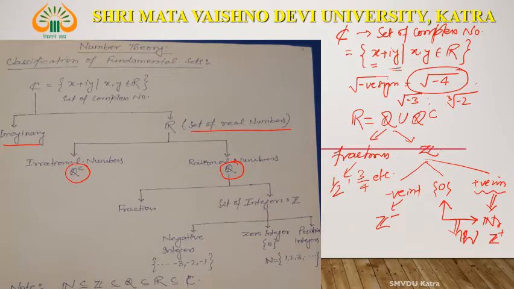Then capital N, the set of natural numbers, is a subset of whole numbers. Whole numbers means non-negative numbers. Whole numbers are a subset of Z. Z is a subset of the rationals. Rationals are a subset of the reals. Reals are a subset of the complex numbers. Right?